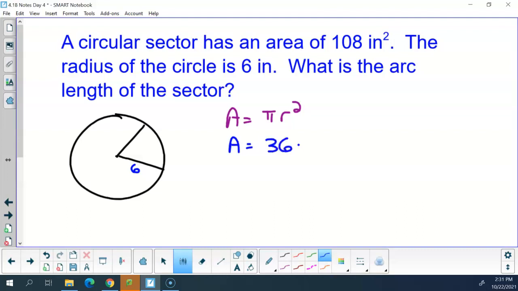Okay, we had it right. What's the area of the part that you have? 108, right? So 108 equals that. That gives you the percentage of the circle that you have, right?